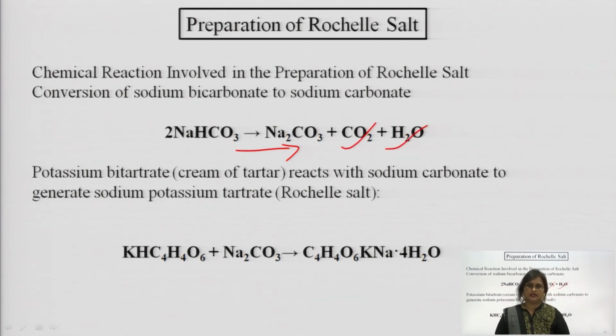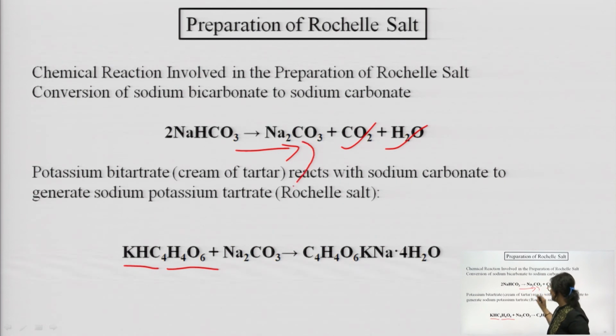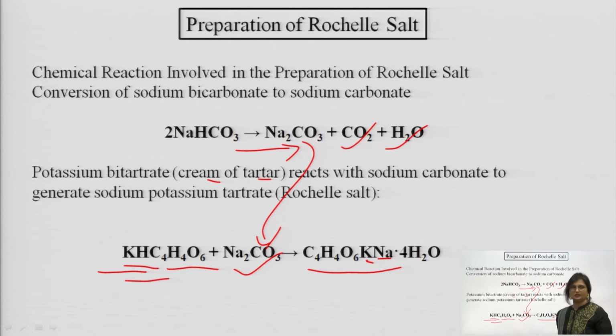In the next step, potassium bitartarate reacts with the formed sodium carbonate to form sodium potassium tartarate·4H2O, also known as Rochelle's salt. Sodium bicarbonate decomposes into sodium carbonate, carbon dioxide and water. This sodium carbonate reacts with potassium bitartarate, also known as cream of tartar, to form sodium potassium tartarate.